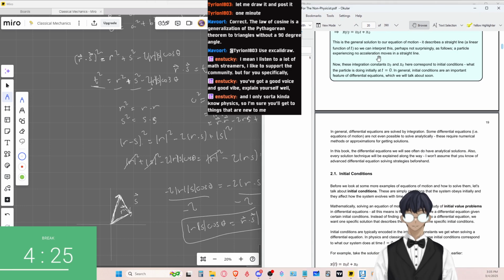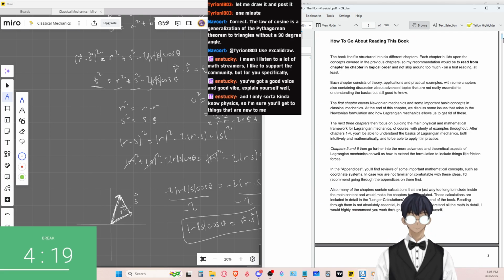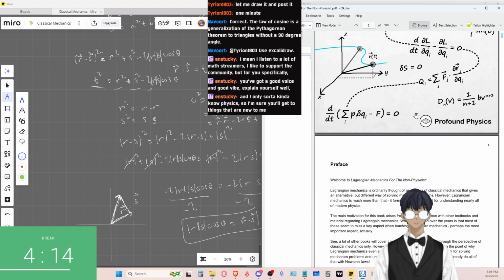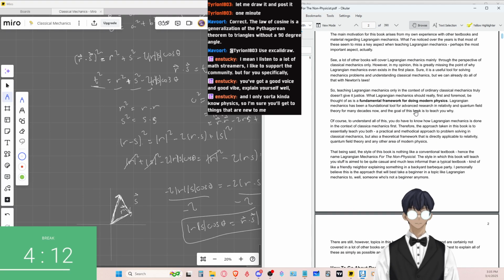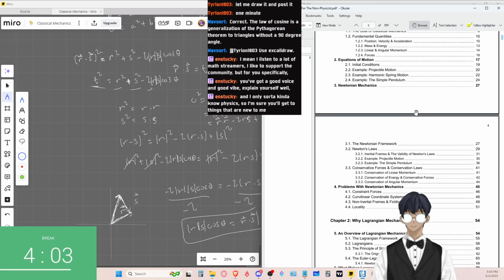So this book is Lagrangian Mechanics for Non-Physicists. I actually have the physical version of this book, and I started reading it a while ago.